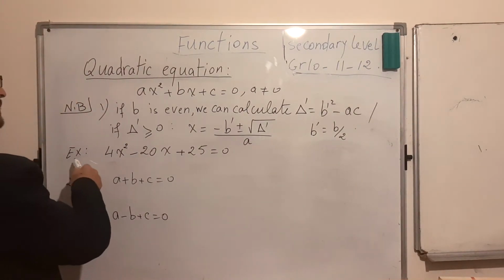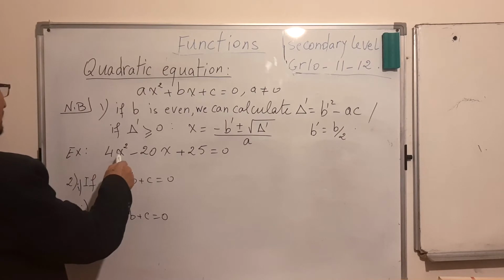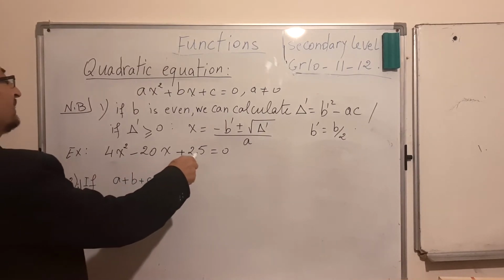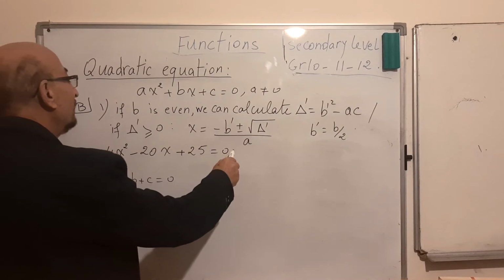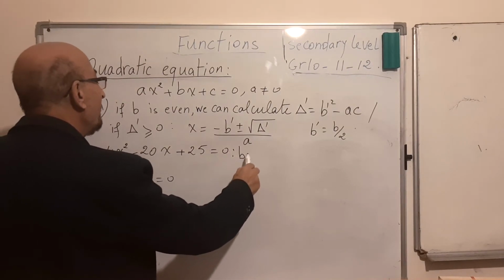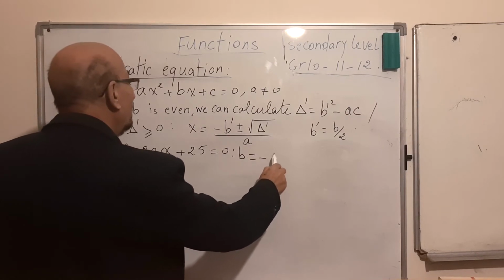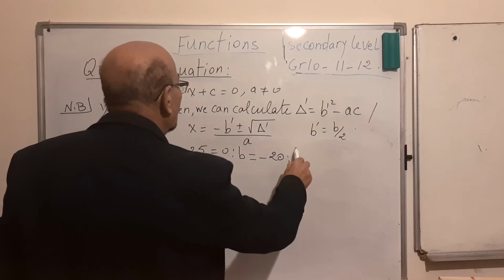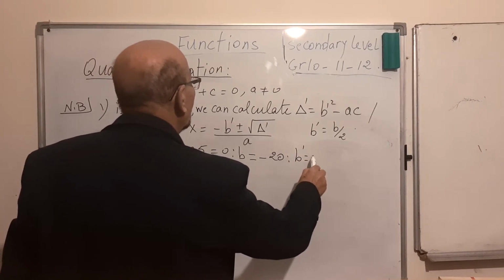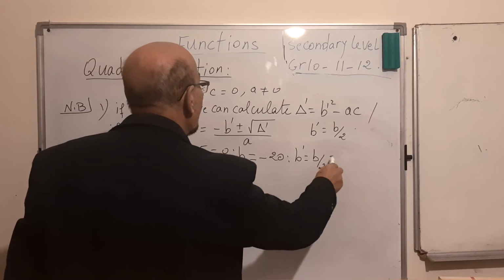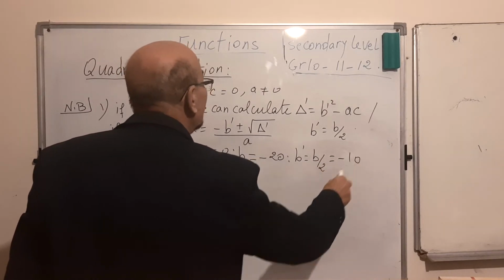For example, for the equation 4x2 minus 20x plus 25 equals 0, we have b equal minus 20. We take b prime equal b over 2 equal minus 10.